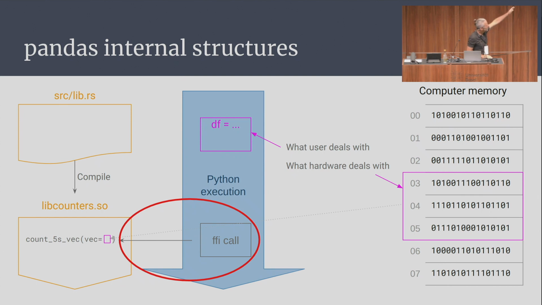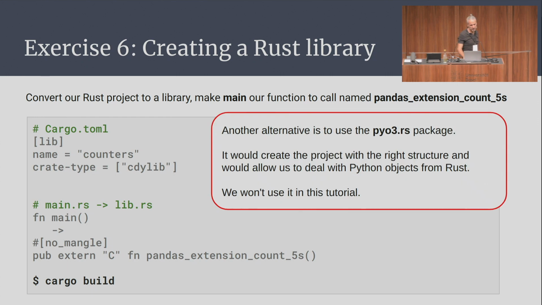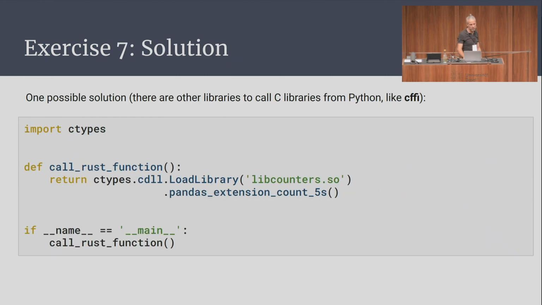It's the same concept. I'm not going to send all my data to this function. What I'm going to send is that my memory is at position 03. Then this library should be able to go to memory, knowing where it is, and by accessing that memory, read all the data. That's basically what we want to happen.